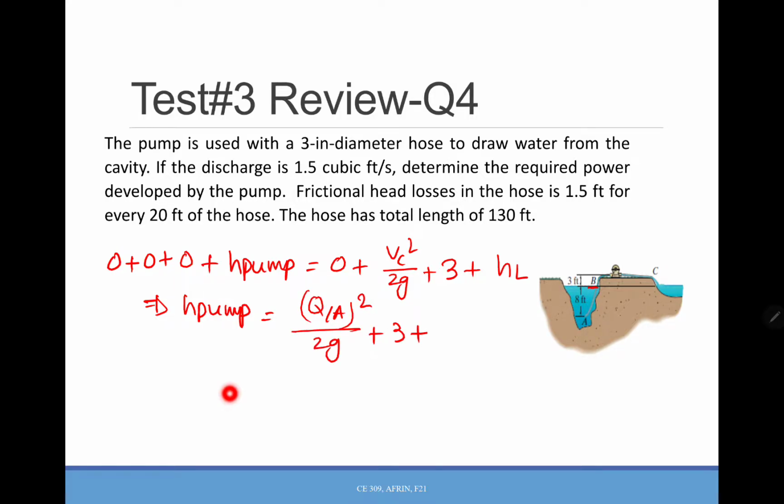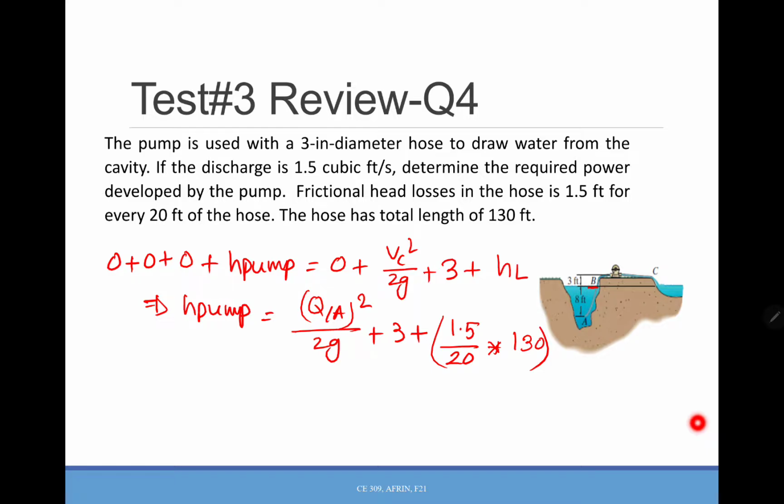For head loss, it says 1.5 feet for every 20 feet, so that means 1.5 feet for every 20 feet multiplied by the total length of the hose, 130 feet, in between B and C. For one of your homework, I think I said you can deduct the 8 feet, because from A to C should be the total length of the hose.